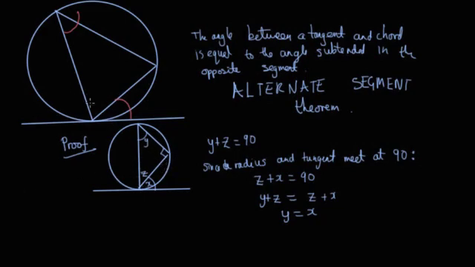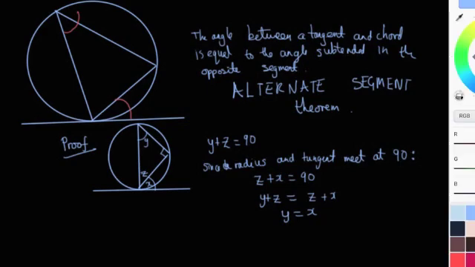But how do we know this is true for all cases? Well, I'm going to change my colour to make this show up. We know from our previous theorem, if we've got our chord between this point here and this point here, that this angle here must be y.